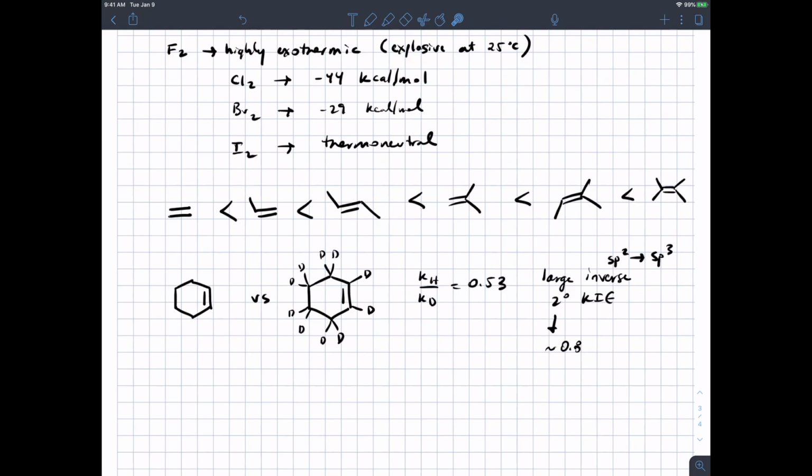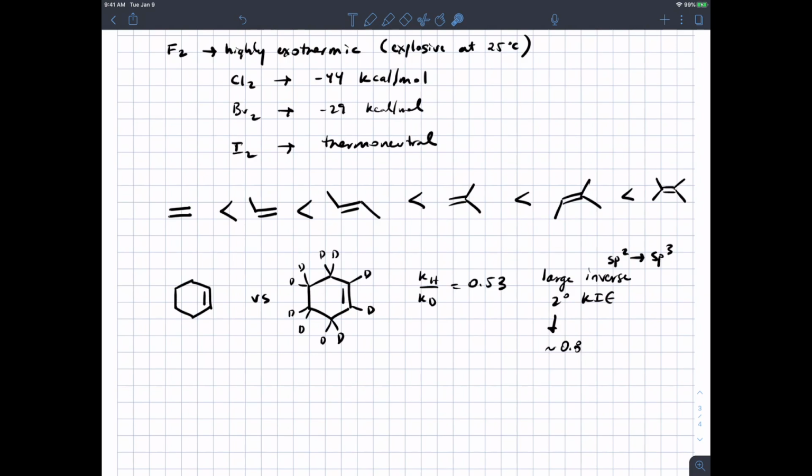If in the transition state you resemble sp2, that force constant is smaller, which means the zero-point energy difference should be smaller as well. So you see a normal secondary kinetic isotope effect when going from sp3 to sp2. You see an inverse secondary isotope effect when going the other way, from sp2 to sp3. I realize that's probably fast. That's a quick review, and again, that's something that you'll have to go back and convince yourself of, as I just had to do. I'm only partially convinced, so there's clearly a lot I need to learn.